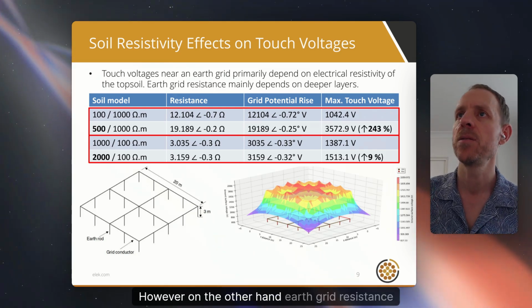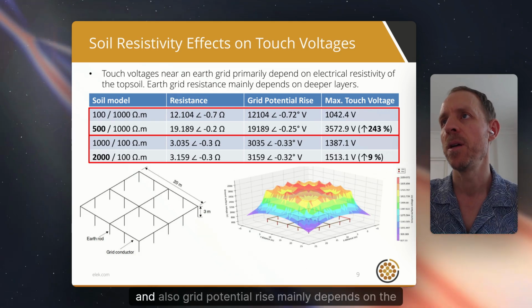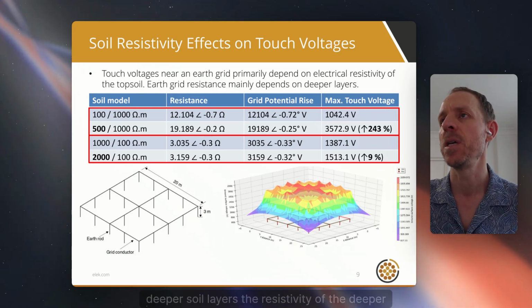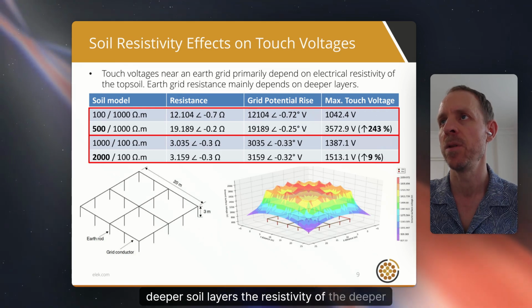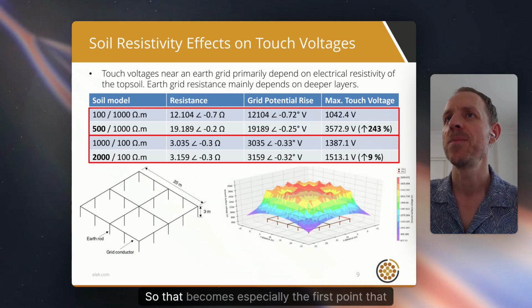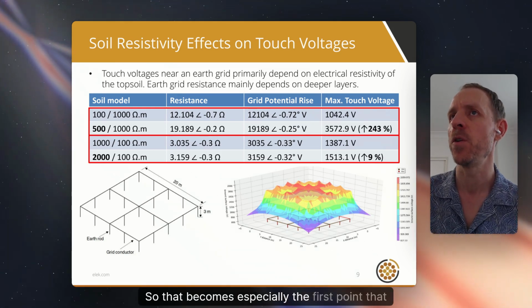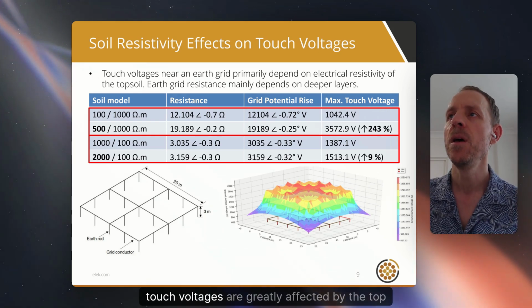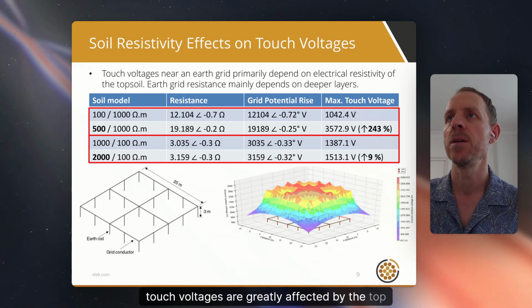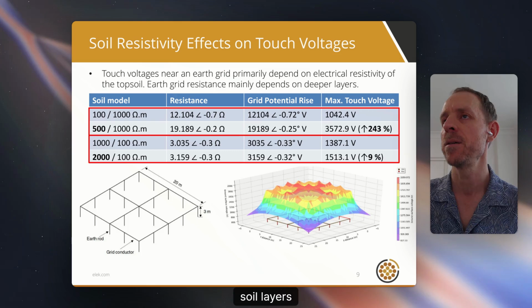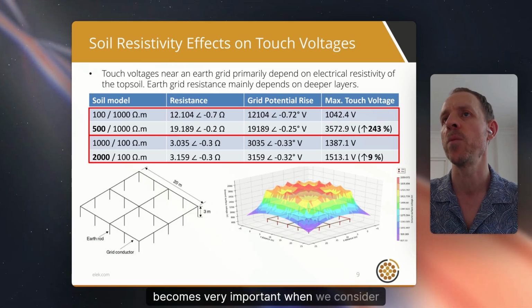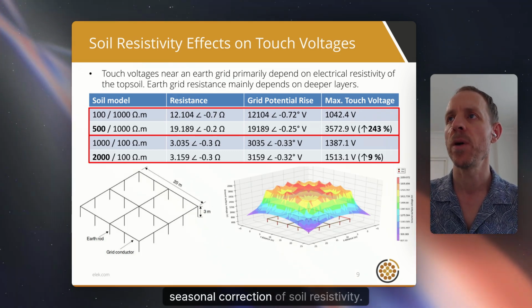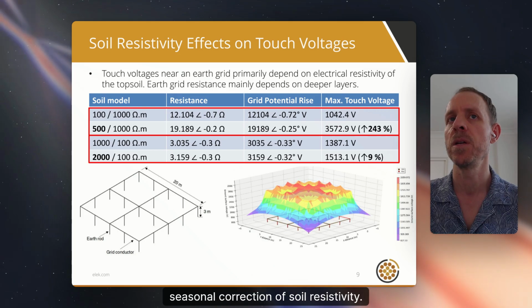However, on the other hand, earth grid resistance and also grid potential rise mainly depends on the resistivity of the deeper soil layers. So especially the first point, that touch voltages are greatly affected by the top soil layers, becomes very important when we consider seasonal correction of soil resistivity.